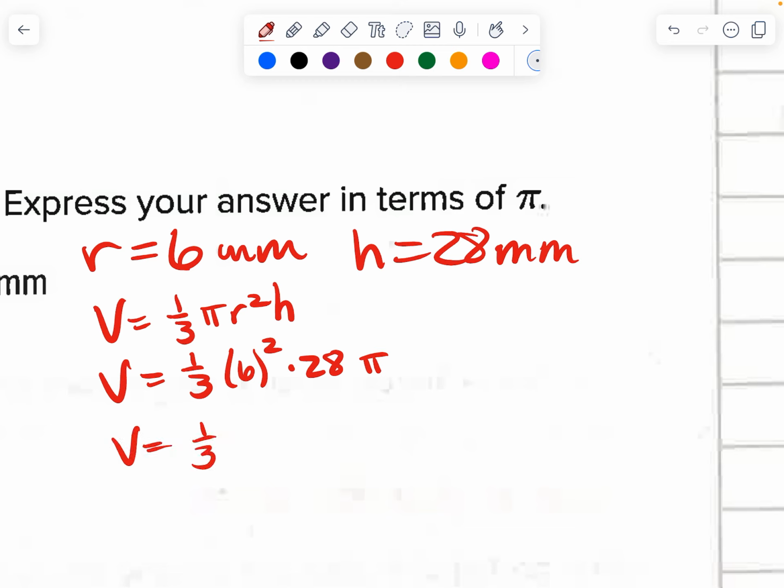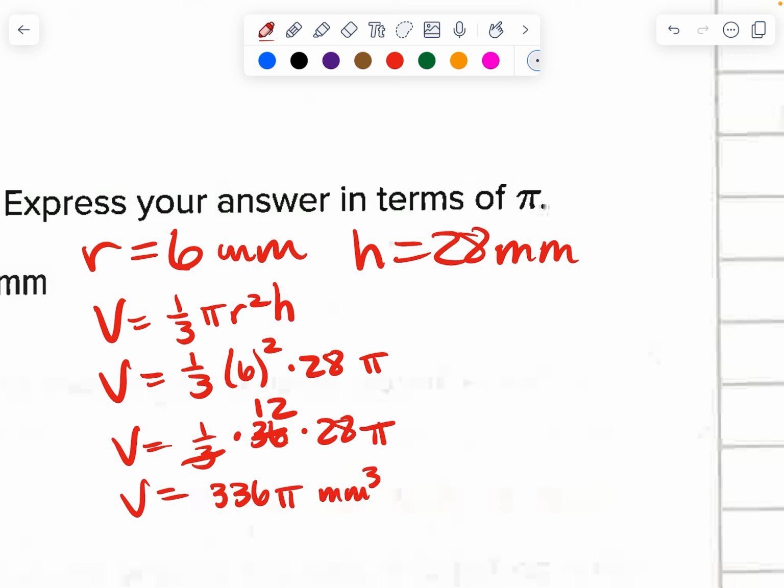So 1/3 times 36 times 28 pi. Okay, 3 goes into 36 12 times. See, 12 times 28, that's going to get me 336 pi millimeters cubed.